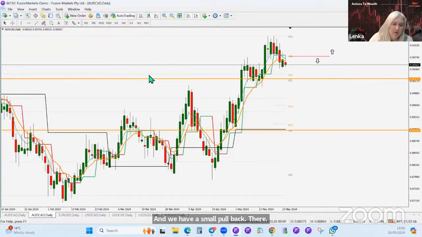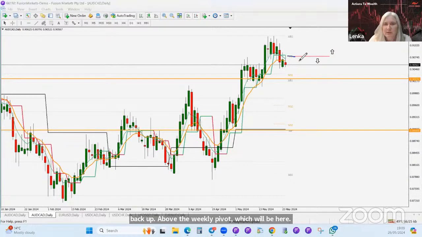So on the daily, if we have price come back up above the weekly pivot, which will be here, I'll just draw. So this is the weekly pivot for next week, which will likely be lower, just a little bit. So if we have price come above, then we could look for long to the next level of resistance.